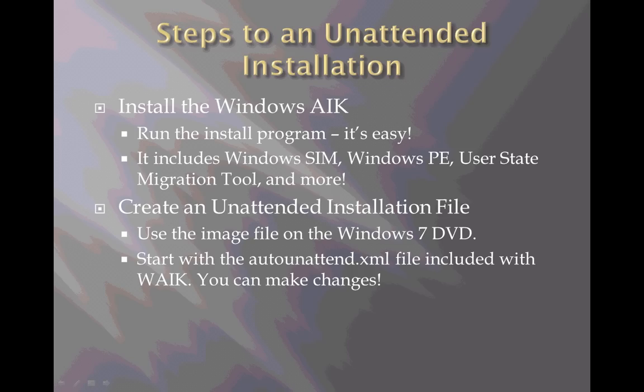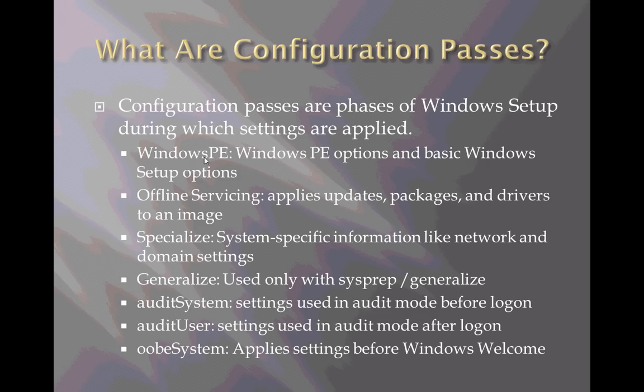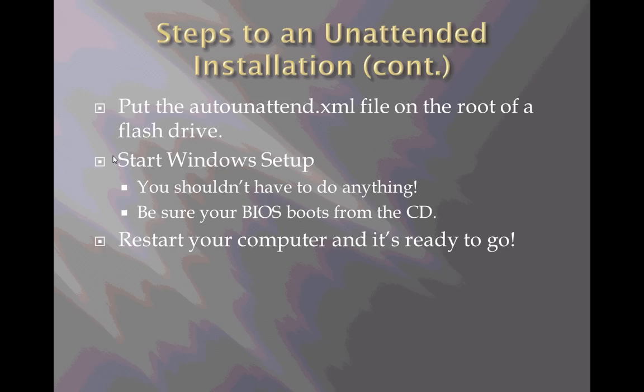So we installed the automated installation kit already, and we started by loading that unattend.xml sample installation file from the DVD, or from the automated installation kit, and we are going to continue looking at that and making some changes to it. We also learned what these 7 configuration passes are all about, and the first and the last, the Windows PE and the OOBE out-of-box experience system, are the 2 that we will be most concerned with in our unattended installation.